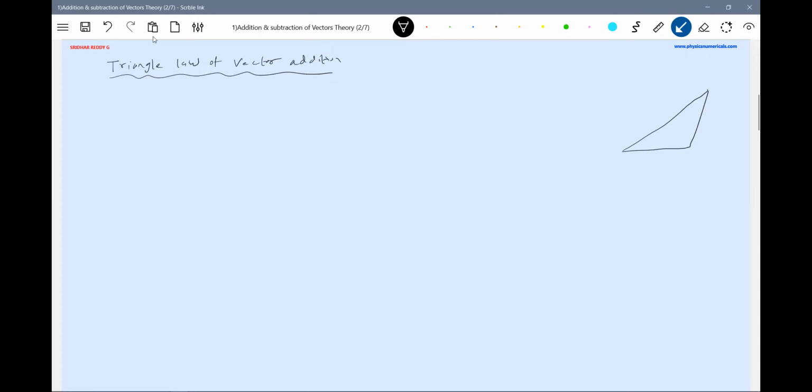So here the vector a bar, next the vector b bar, then the resultant is given by the third side of the triangle drawn in reverse order or in opposite sense. So now this will become vector a bar, vector b bar, and this will be c bar.